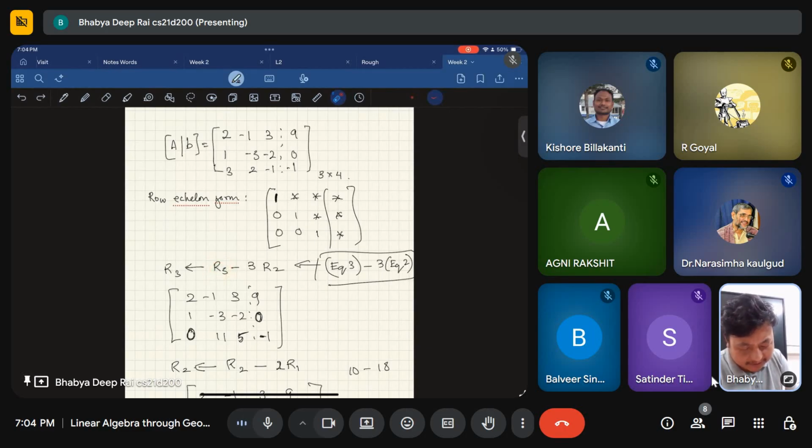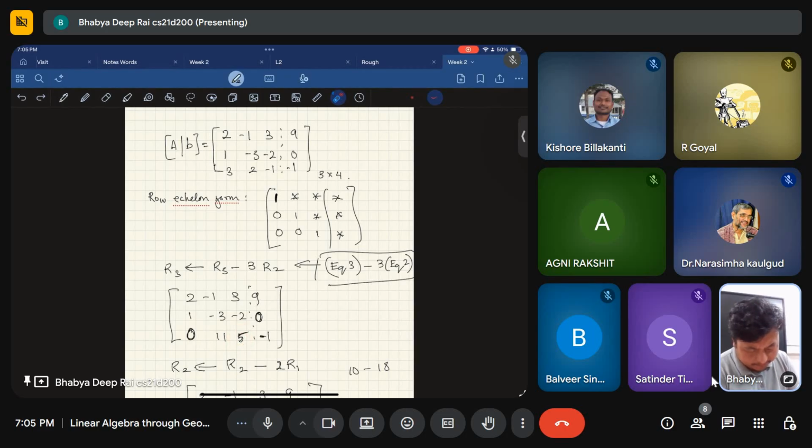R3 minus 3 times R2, so that will be, okay, this is 0, that is correct. So 2 plus 3 times 3, which is 11, this is correct. And minus 1 plus 2 times 3 is 5, this is correct.